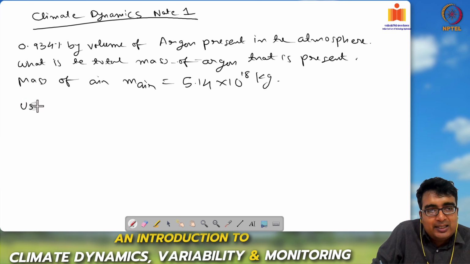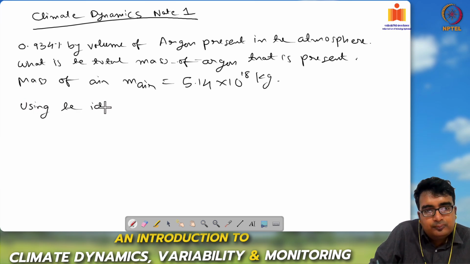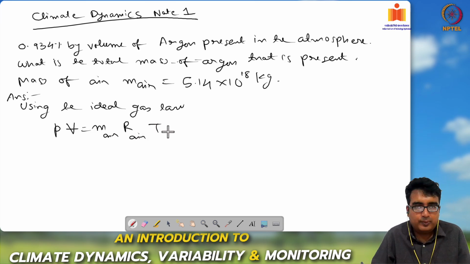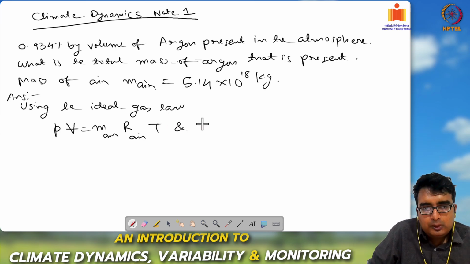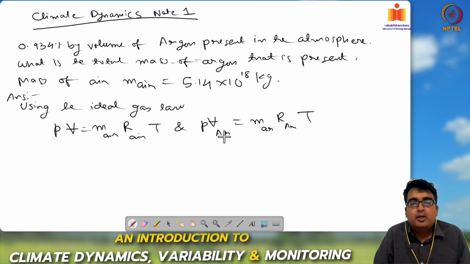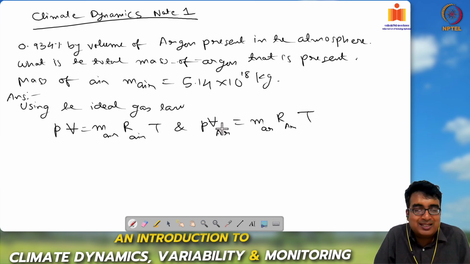Now, using the ideal gas law, we have PV equals to mass of air, gas constant for air into T. And P into V of argon equals to mass of argon, gas constant of argon into T. So here we have used the partial volume approach that we discussed in the previous class.